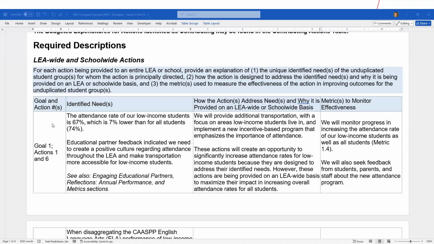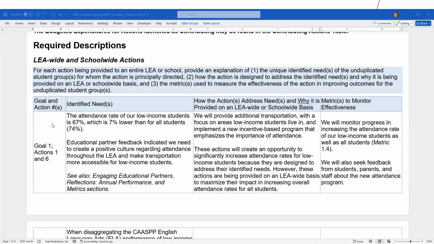As you can see, these actions are directly tailored to the identified needs that are in column 1. So in column 1, we know that our low-income students' attendance rate, or I guess it's column 2, the identified needs column. We know our low-income students' attendance rate is lower than the attendance rate of all students. So that's already, boom, low-income students need help with attendance.